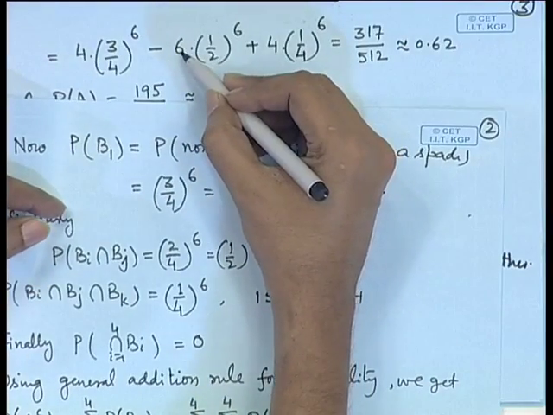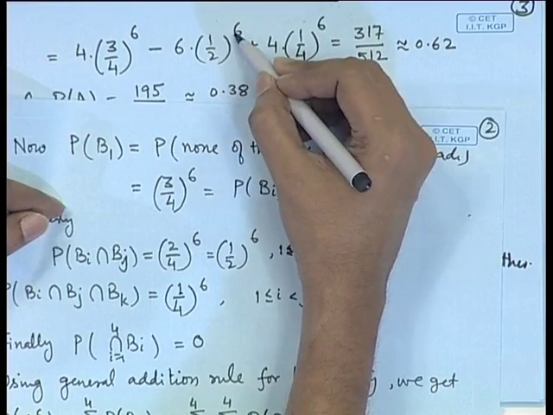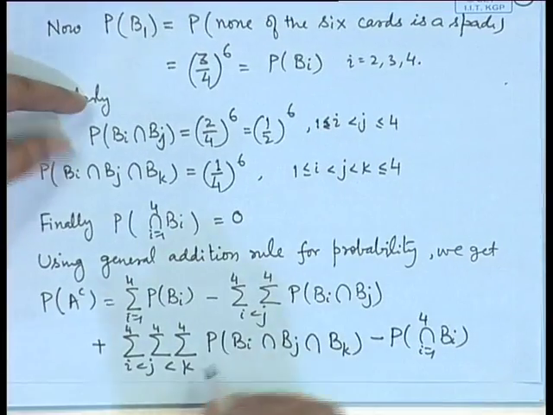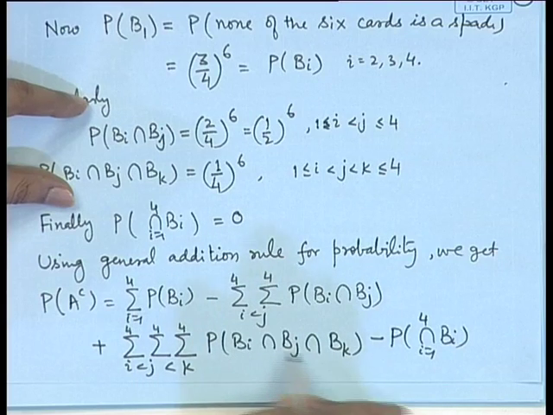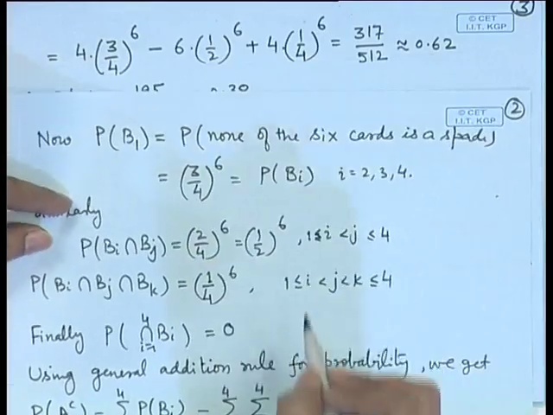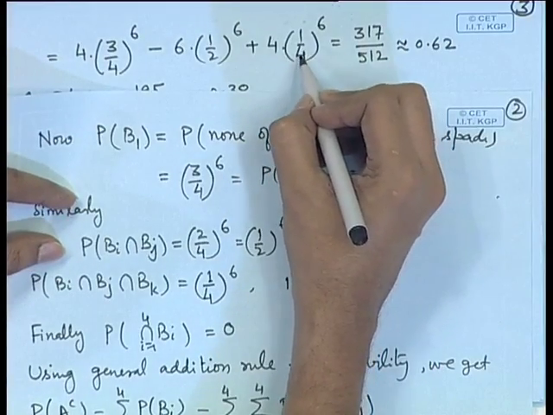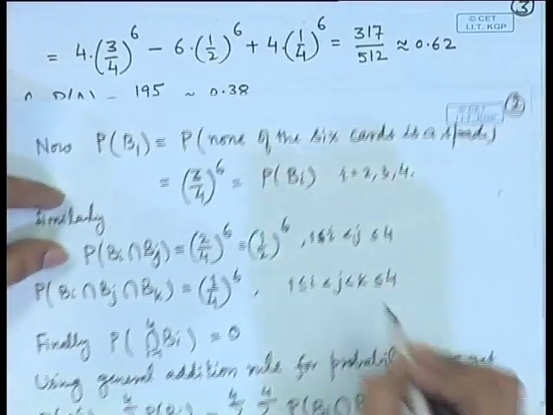So, there are 6 such cases which have probability half to the power 6. If we look at intersection of events 3 taken at a time, then out of 4 we can choose them in 4C3, that is 4 possible ways, and the probabilities of these are 1 by 4 to the power 6. The last term is 0.